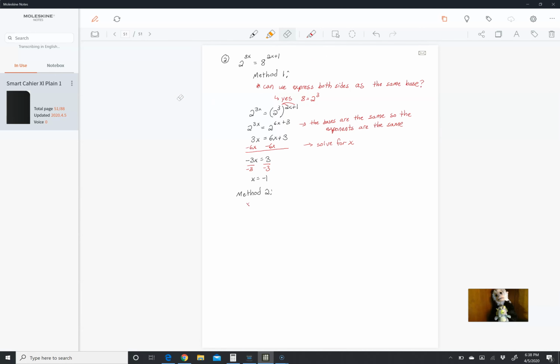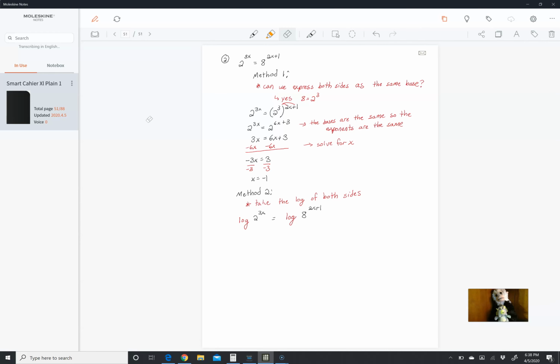What we're going to do is take the log of both sides. We're going to solve this in exactly the same way as we solved the previous problems. So here we have log of 2 to the 3x equals log of 8 to the 2x plus 1.